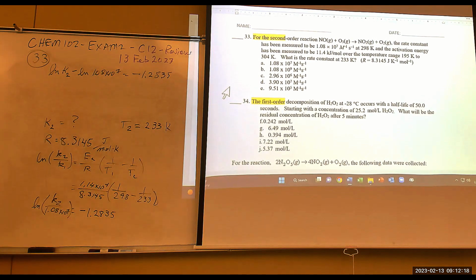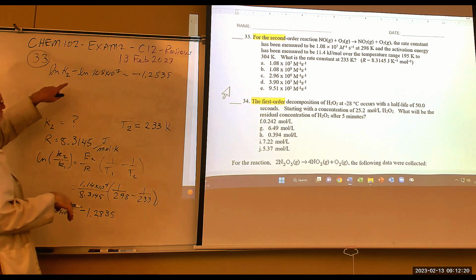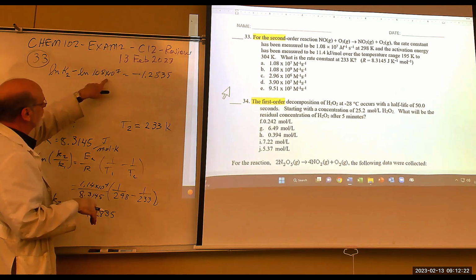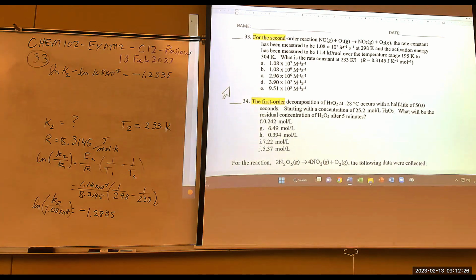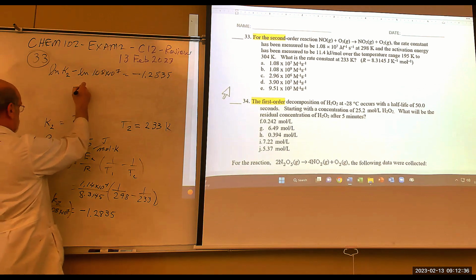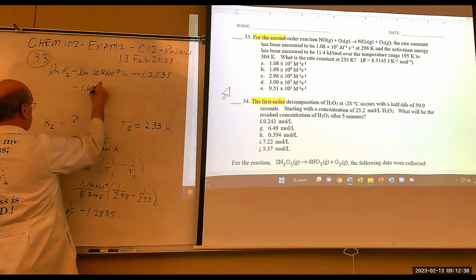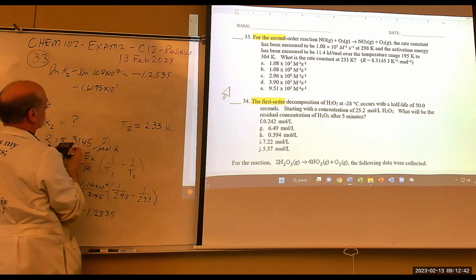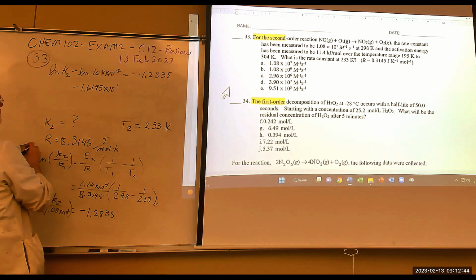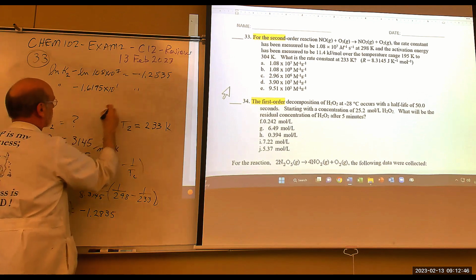Okay, so far so good. Now, we just need to take the log of this. Let me do that. 1.08 exponent 7 to take the natural log of it. Okay, so this is minus 1.6195 times 10 to the first power. Okay, that's that, that's that.